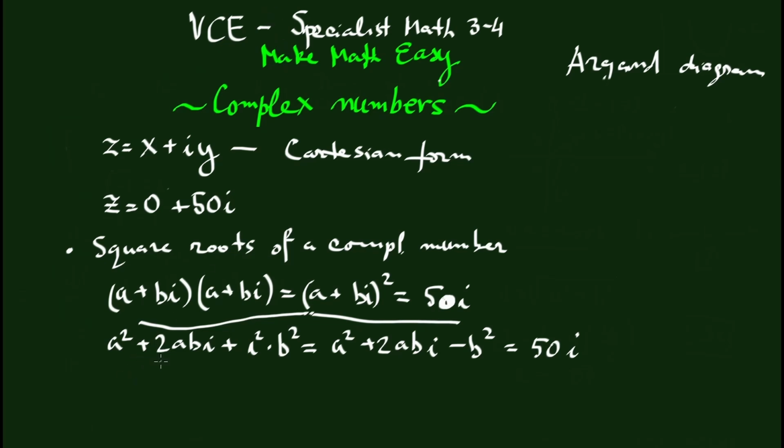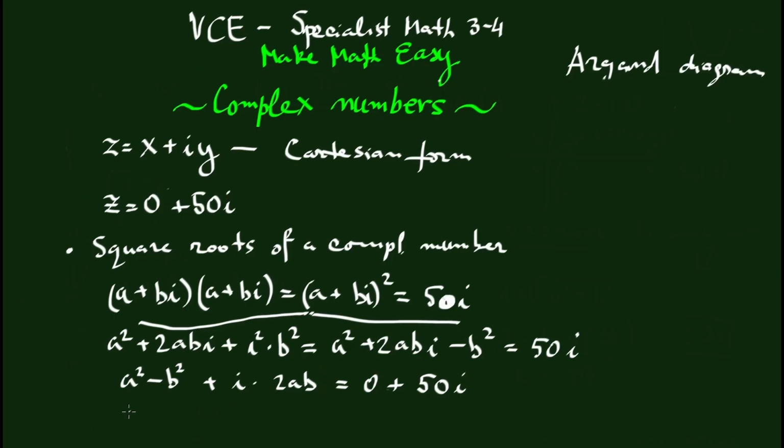First question, if we group this, like terms, so that's grouping the like terms plus what's with i is 2ab equals 50. Let's write this 50 as 0 plus 50i, because for the real part we have 0.